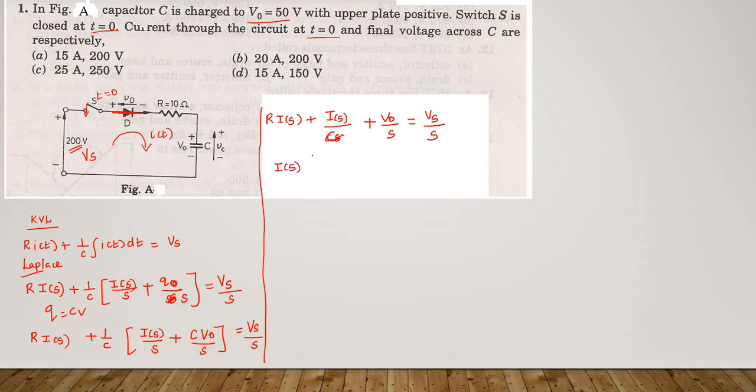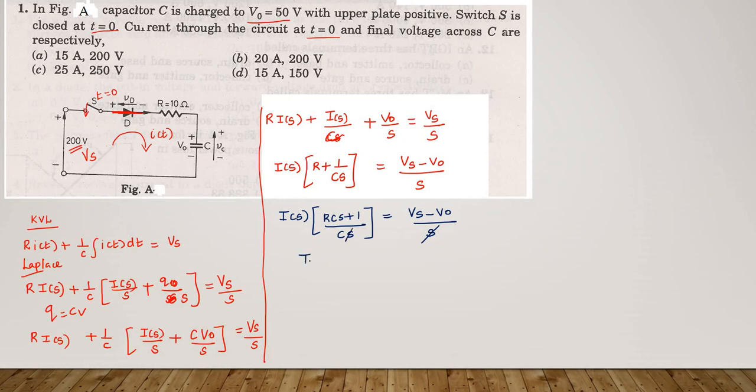Take I(s) common now. So R plus 1 by Cs, that is equal to Vs minus V0 divided by s. I(s) into RCs plus 1 divided by Cs equal to Vs minus V0 divided by s.